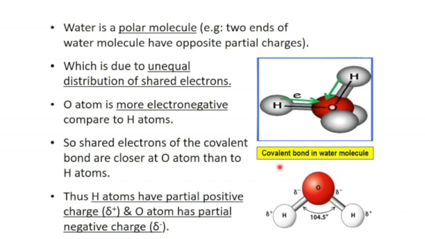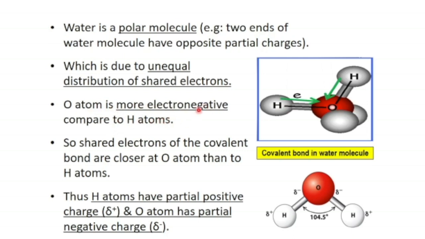As we know, water is a polar molecule. This is due to the unequal distribution of shared electrons of the covalent bond between the hydrogen atom and the oxygen atom. Based on the periodic table, the oxygen atom is more electronegative compared to hydrogen atoms.